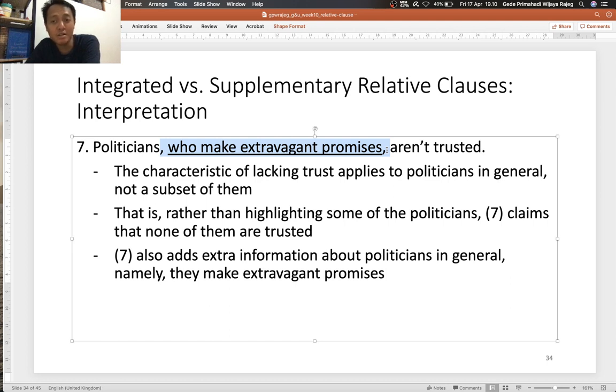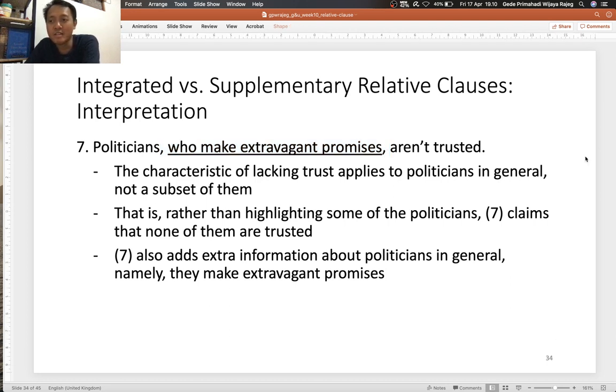So politicians in general are not trusted, and the supplementary relative clause adds extra information about politicians in general, namely, they make extravagant promises.